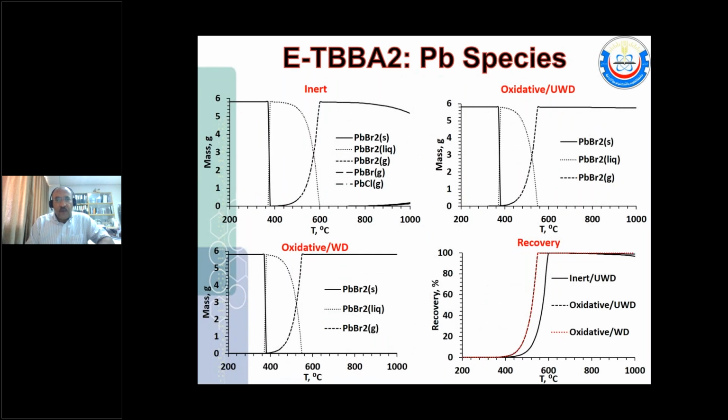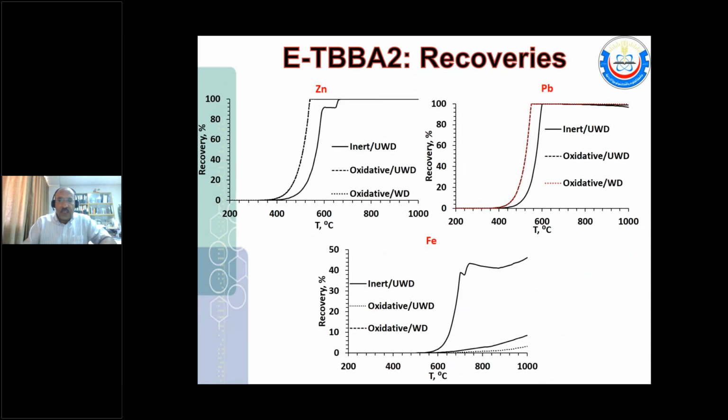The same here, where we added more of the tetrabromobisphenol, but the final results are the same. So as you see here, we can get zinc in the form of zinc bromide released at these temperatures. One thing I forgot to mention, we can stop the treatment at certain temperatures, like below 400 degrees, and take this residue and mix it with water, and all these bromides will be soluble in water.